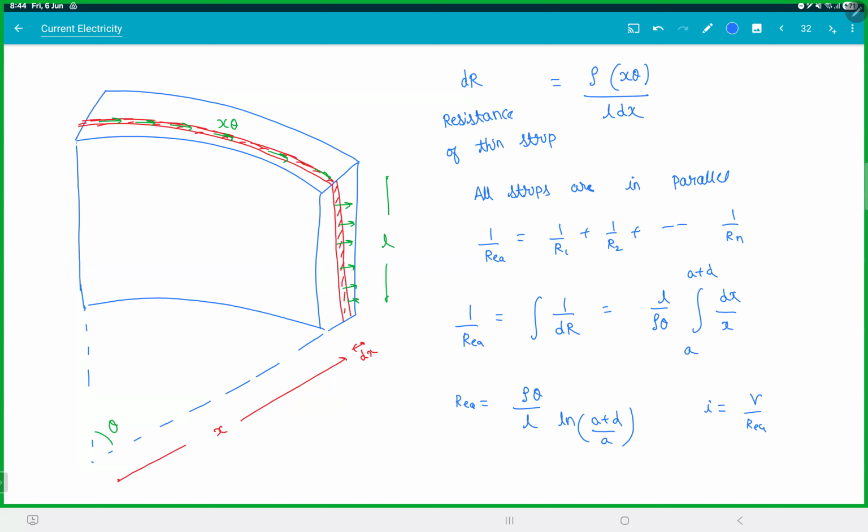There's only one formula for drift velocity. I is equal to NEA V drift. Isn't it? What is I? Current in the strip. What is A? Area of the strip. What is V drift? Drift velocity of electrons in that strip. Try, you've got a minute.